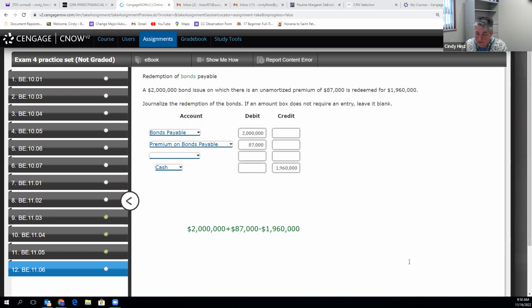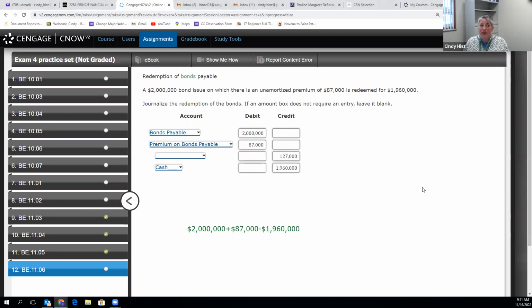2 million plus the 87,000. So that 2,087,000 represents the carrying value of these bonds at the time that we retired them, at the time that we paid them off or redeemed them. So that's how much they're worth on our balance sheet. And if I subtract the amount we actually had to pay, the difference is $127,000.